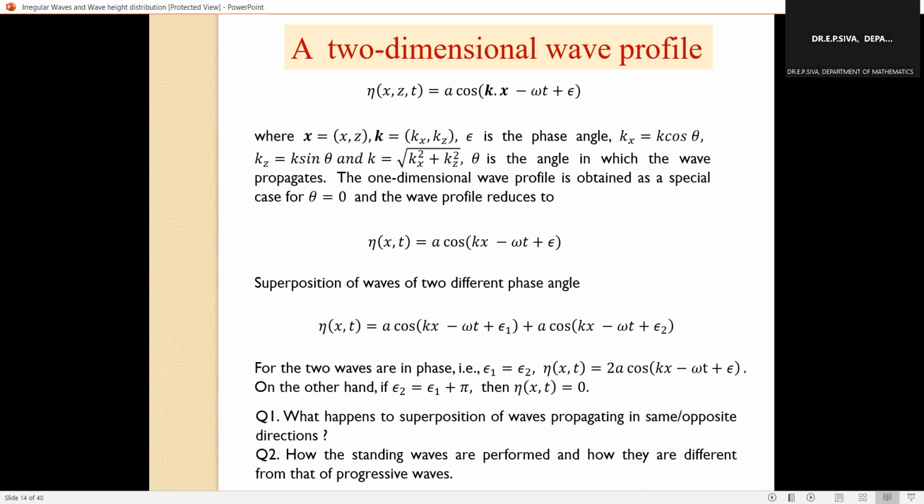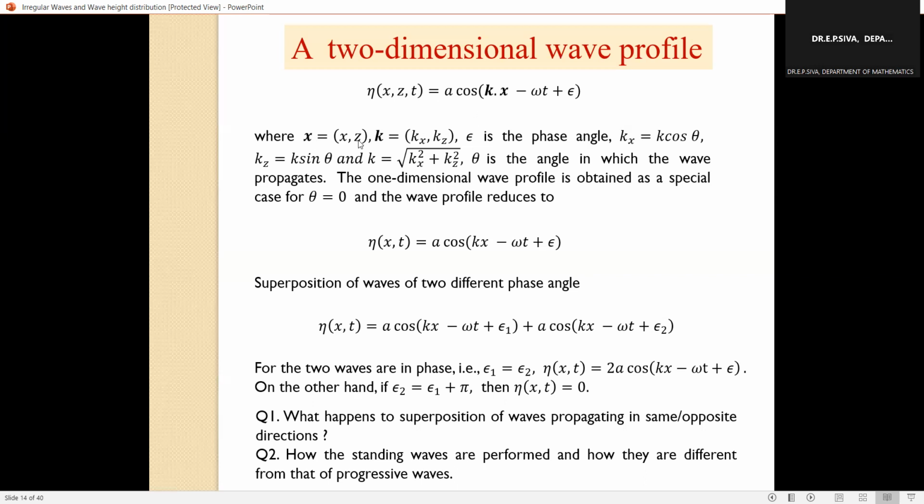If I call theta the direction in which the wave is propagating, I can write kx is k cos theta and kz is k sin theta, where k becomes the square root of kx squared plus kz squared. This becomes my general form of a two-dimensional wave profile, where k is a vector and x is a vector. K has components kx, kz, and the boldface x has components x and z.